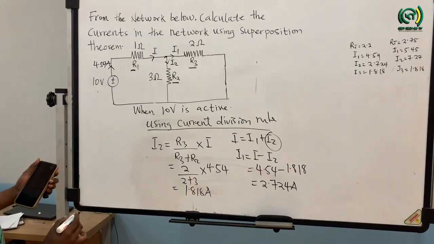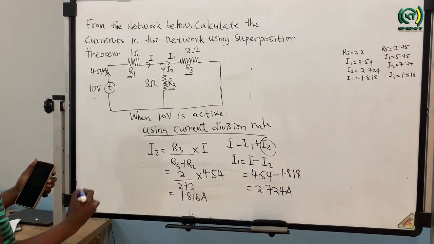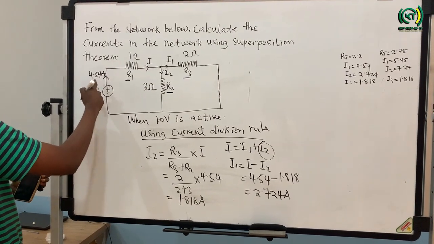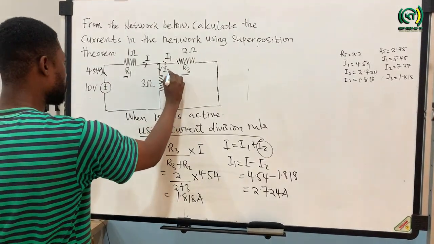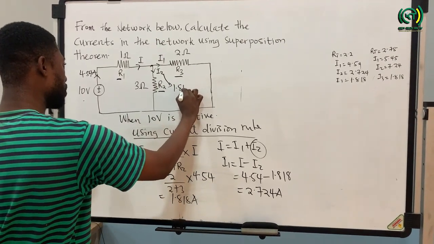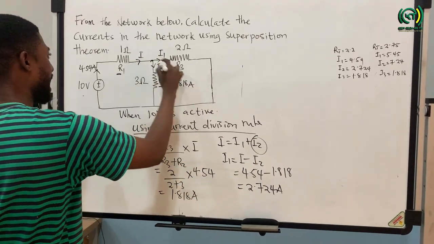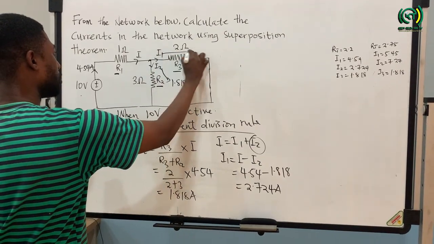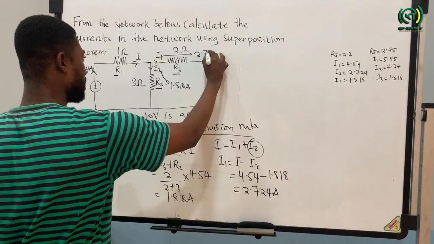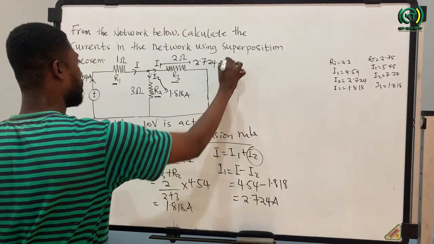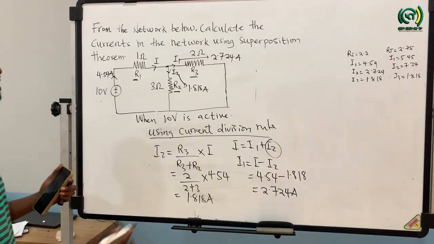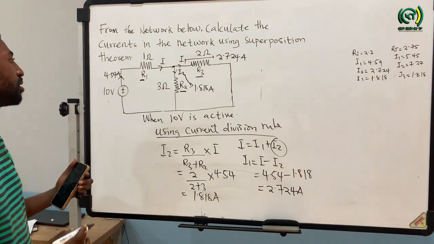After this analysis, we realize that when the 10-volt source is active, I is equal to 4.54, I2 is equal to 1.81 amps, then I1 is equal to 2.724 amps.